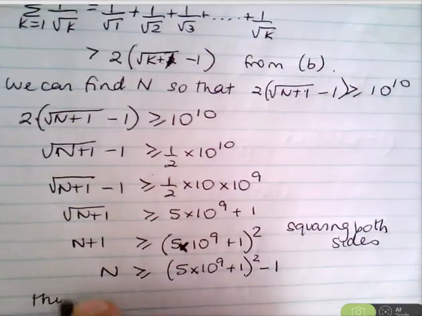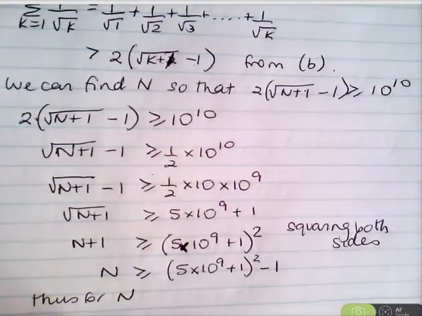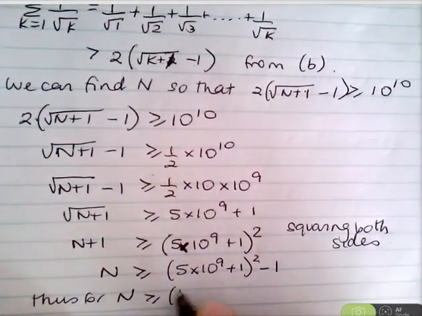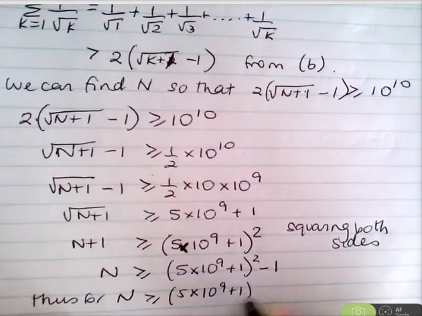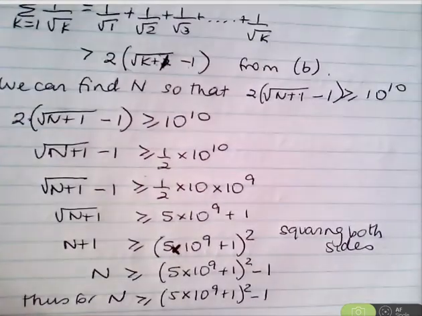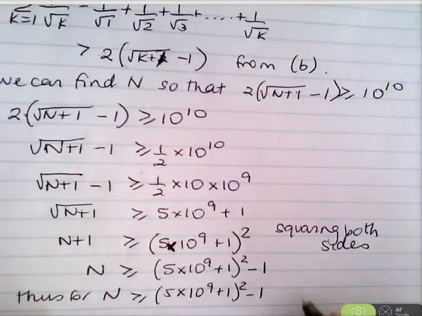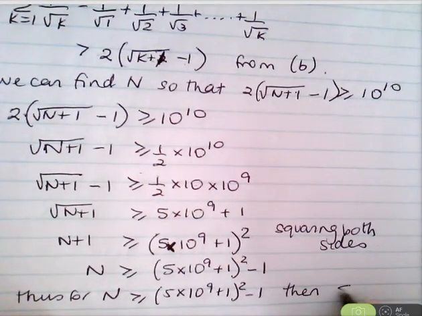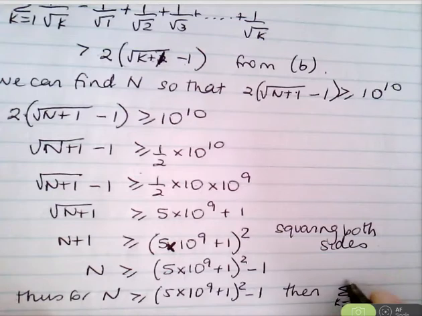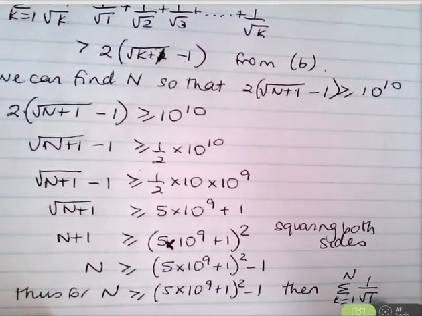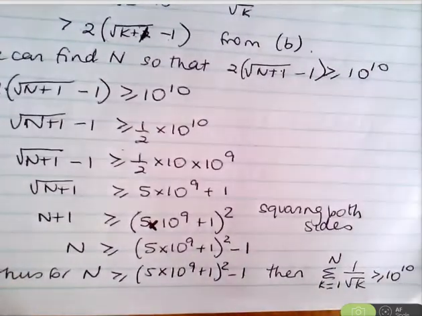For n greater than or equal to 5 times 10 to the power of 9 plus 1 squared minus 1, if we take n greater than or equal to that, then the sum from k equals 1 to n of 1 over the square root of k will be greater than or equal to 10 to the power of 10.